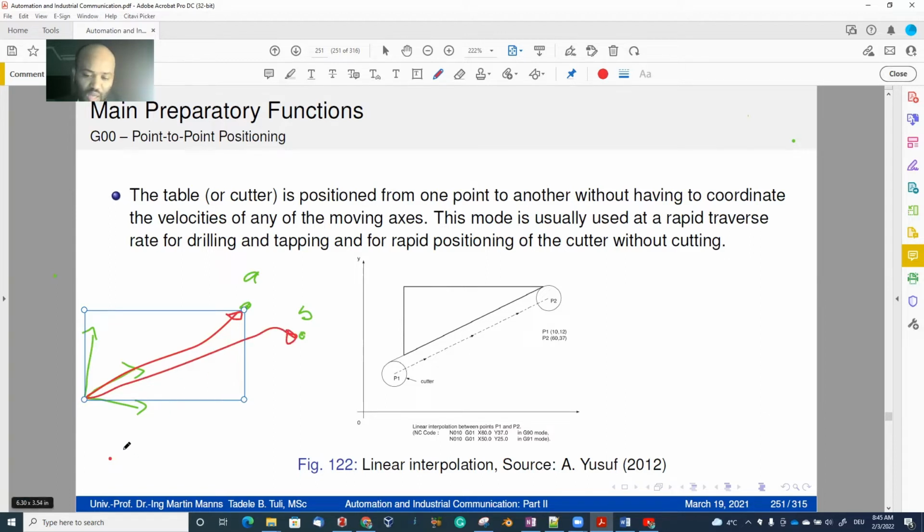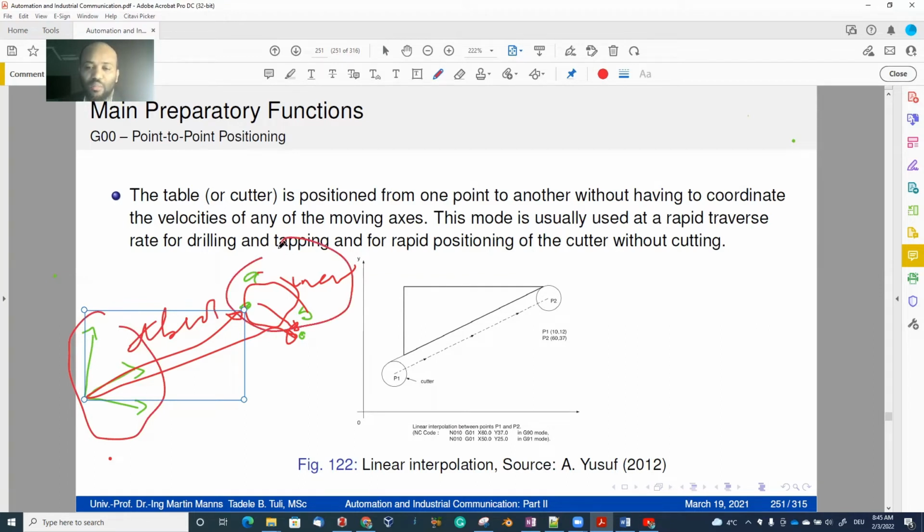This is absolute. But if you measure the distance of B from A, it is incremental. This is incremental. This is absolute, with respect to global, and with respect to a local point.